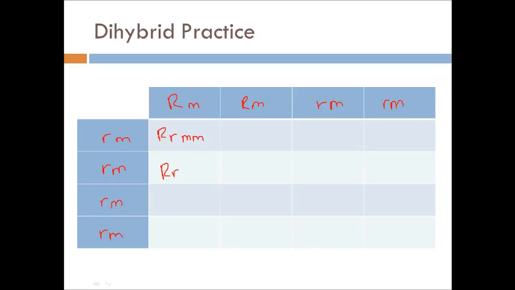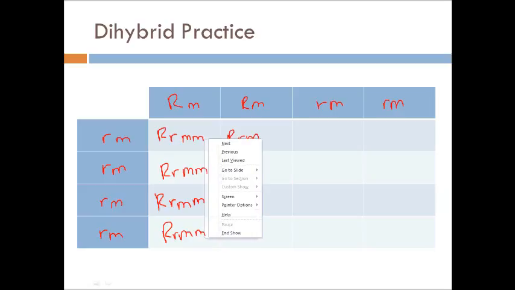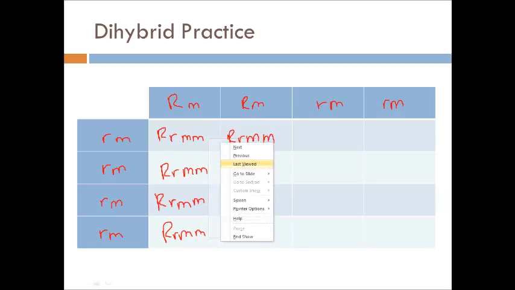And if you notice here, because the combinations are the same for all of Ginny's, we can just write the same thing for this entire column. Now the second column should be the same thing as the first column, because you had big R, little m.